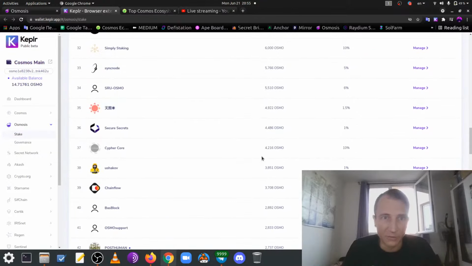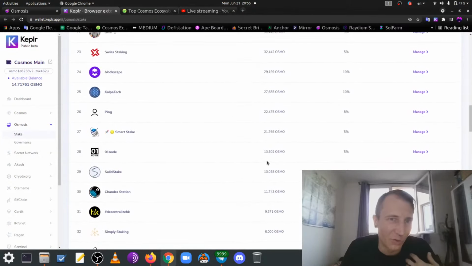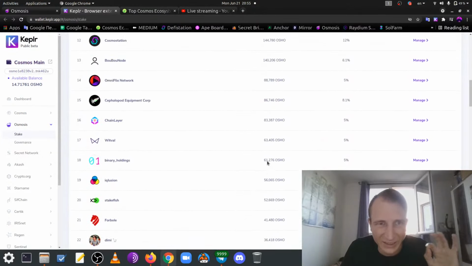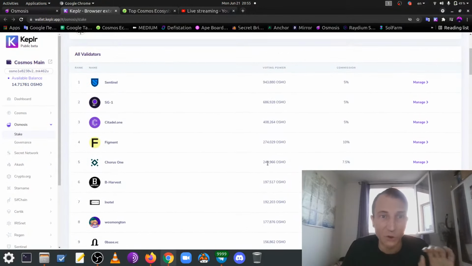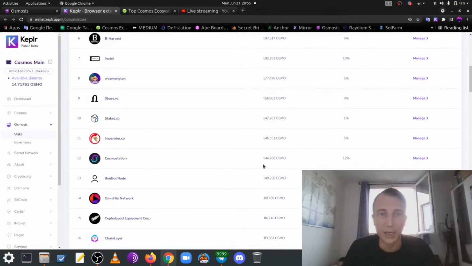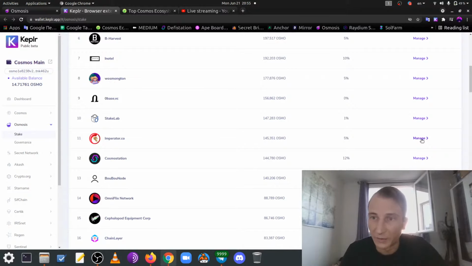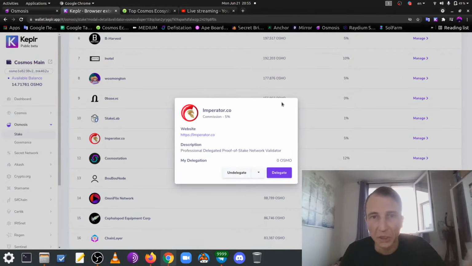But as a good example, delegating to myself is not really beautiful. We will find somebody else. I see at first Imperator, and together with Imperator validator we are in the Distributed Validators Think Tank, our union of small validators.